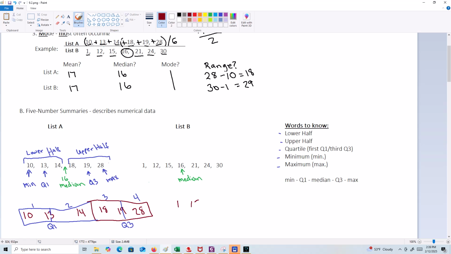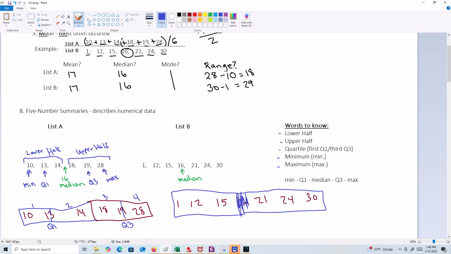I have 1, 12, 15, 16, 21, 24, and 30. Now this is my median. That 16 is my median. It's a number in the list, so it becomes the wall separating the left from the right.